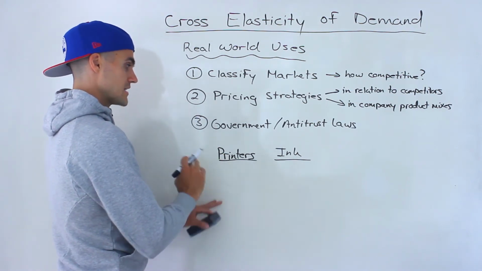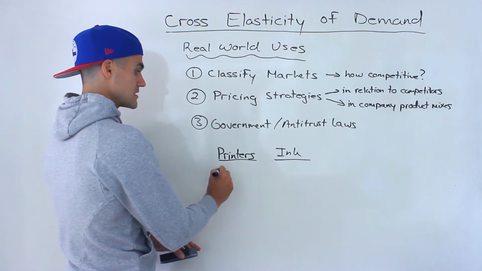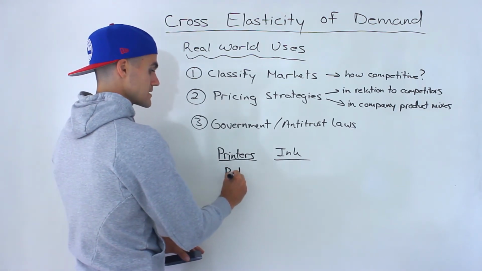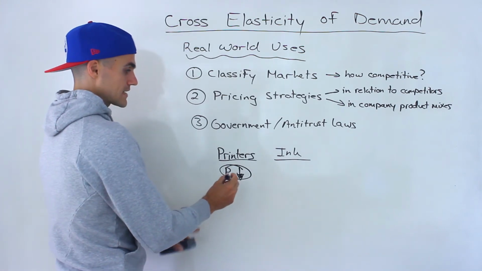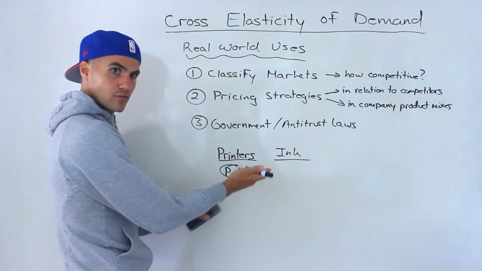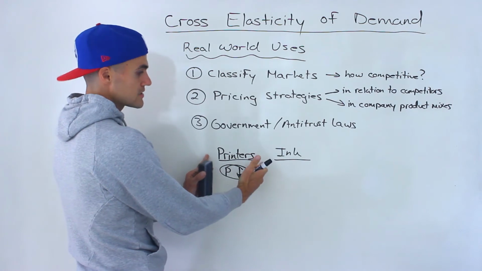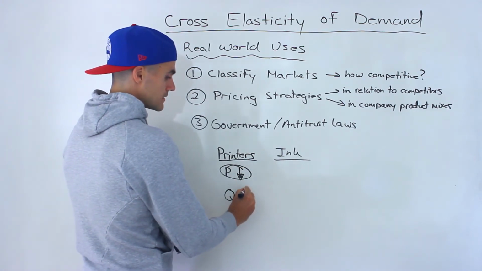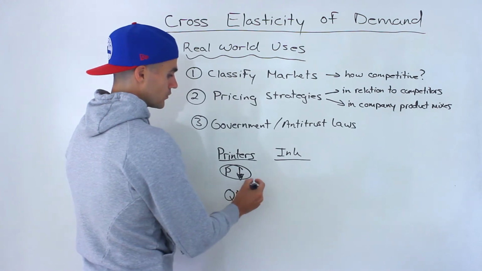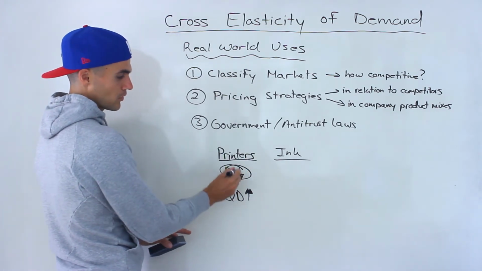What can potentially happen is you may notice that if you lower the price of printers, you may take a bit of a loss in this department, quote unquote, even though the quantity demanded is going to go up. Let's say that overall you're making less money if you lower the price here.